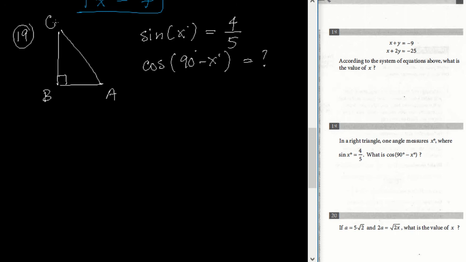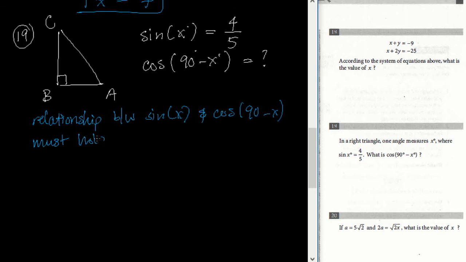The logic goes as follows. Since we're told that one angle measures x degrees, and we're asked to find the relationship between sine of x and cosine of 90 minus x, it doesn't matter which angle we assign to be x degrees. The reason is that this relationship between sine x and cosine of 90 minus x must hold true in general.